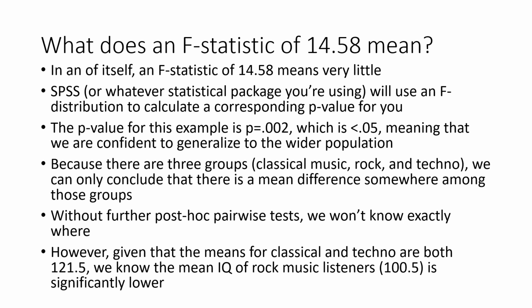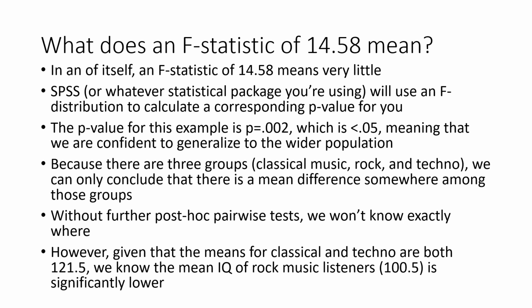Now, when you use SPSS, you will not only get the F statistic as a result of your ANOVA, but the corresponding p-value that comes along with it. Now, the p-value in this particular example is p equals 0.002. So what does that mean? Recall that the cutoff that we use is that if p is less than 0.05, then we conclude that the result is statistically significant and therefore generalizable.